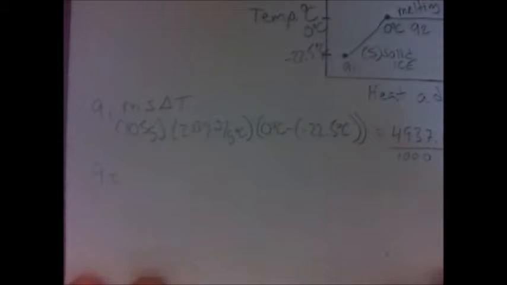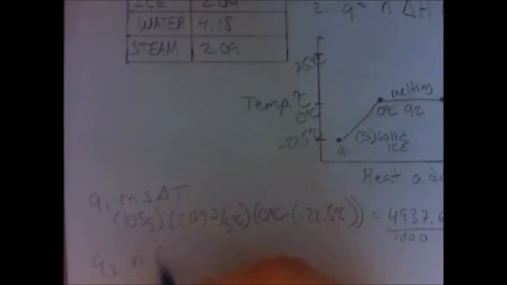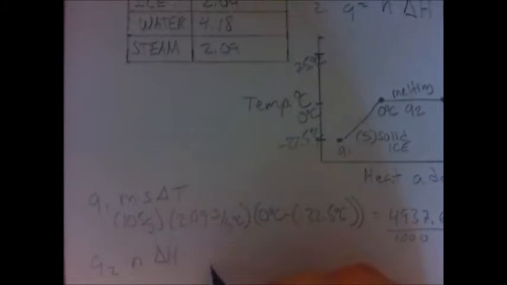Next we'll have to find Q2. Q2 will be found by using the intermediate step of n delta H, moles times difference in heat.